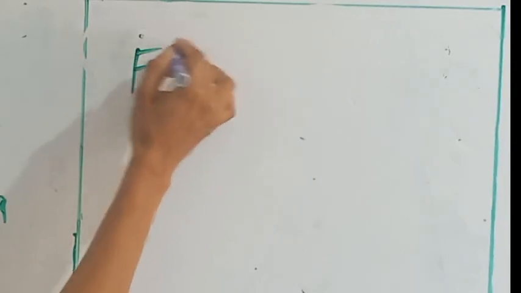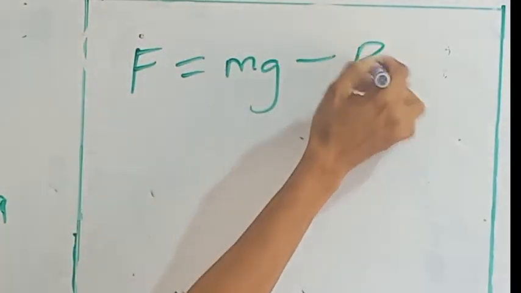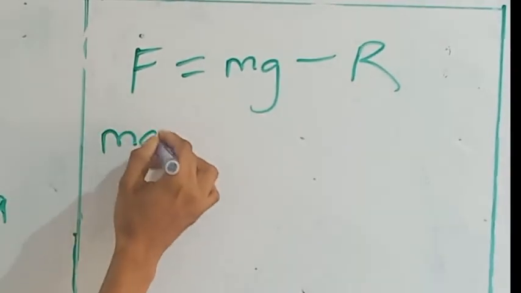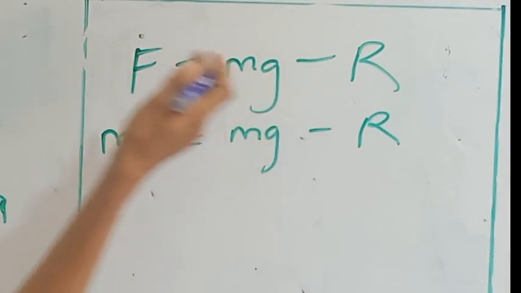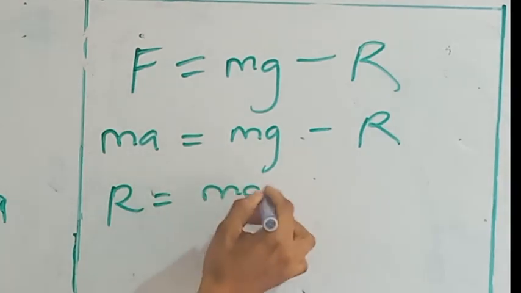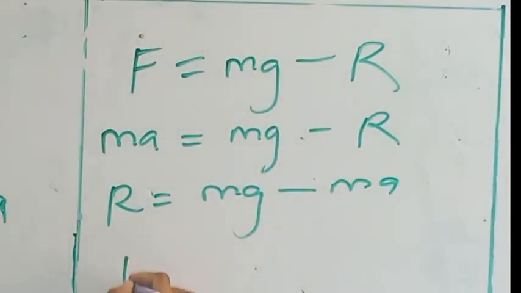Therefore, the resultant force is going to be mg minus R. Remember, when it's moving up, R came first. Now it's moving down, mg is coming first. F is ma is equal to mg minus R. R can move to this side so that R will be mg minus ma.